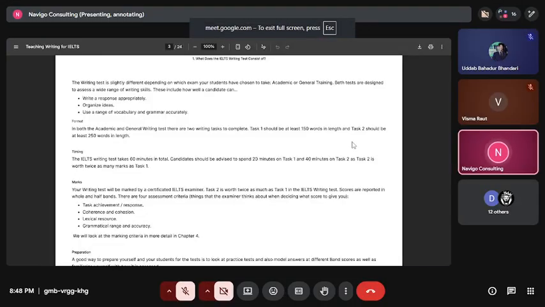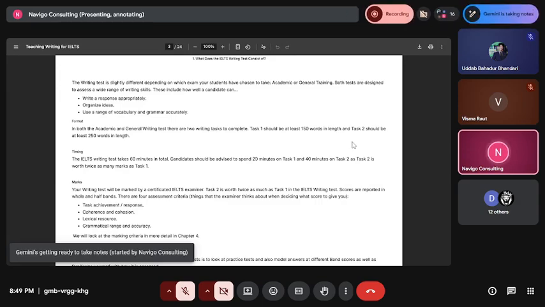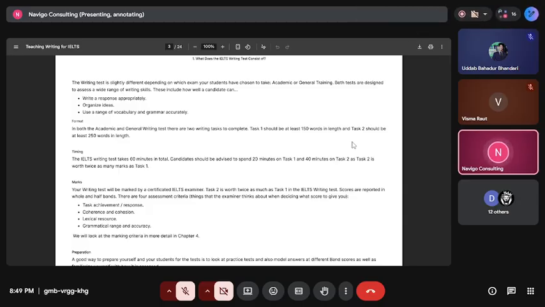So one of the sections of IELTS, a very important section of IELTS, is writing. And yes, whether you can write a response appropriately, organize your ideas, and use a range of vocabulary and grammar accurately, those skills are assessed in your writing, right?